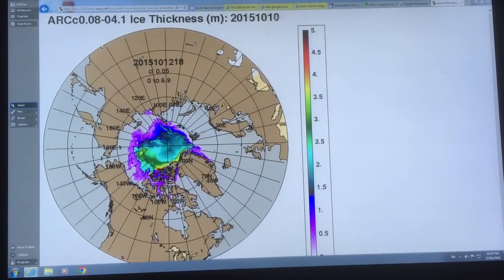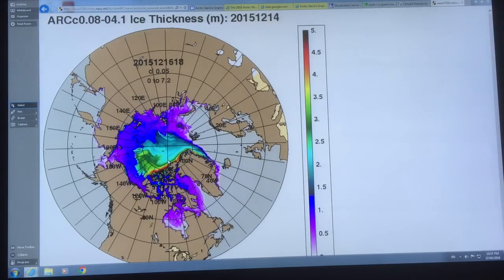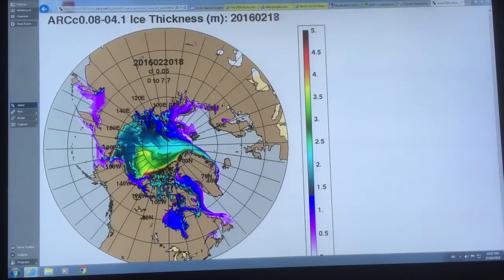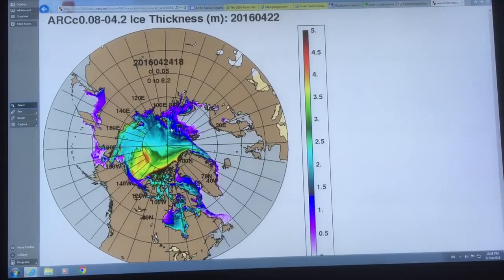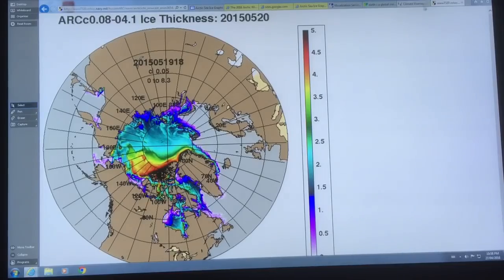Then the ice grows back through the winter, but because the winter is so much warmer than normal, 5 degrees Celsius more, the ice formation is less, so the peak was much lower than normal. The ice is not as thick, not as strong, and wasn't as extensive. Now we're coming into February and March of this year, and you can see the export picking up through the Fram Strait, dependent on these cyclones, and there's not a lot of thin ice in the Arctic there.